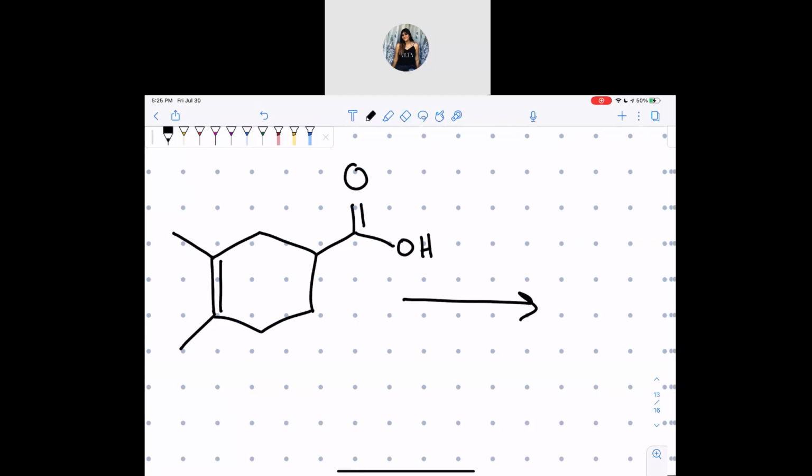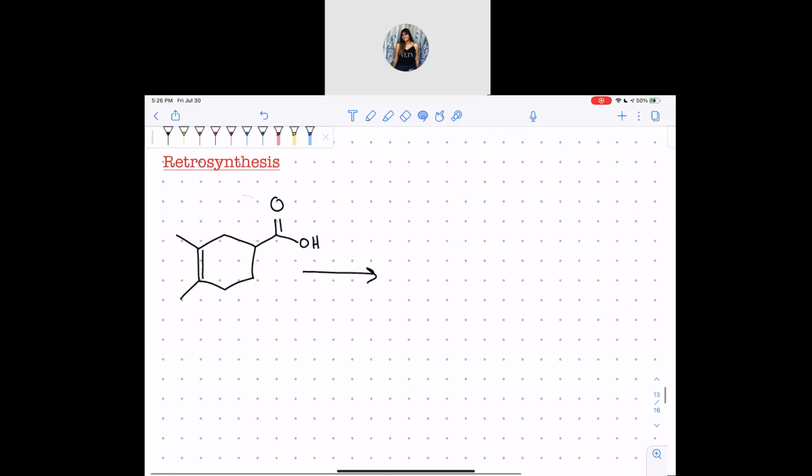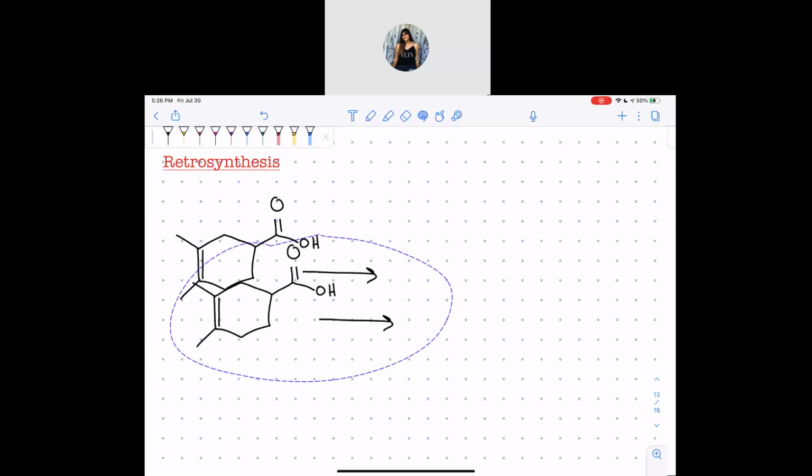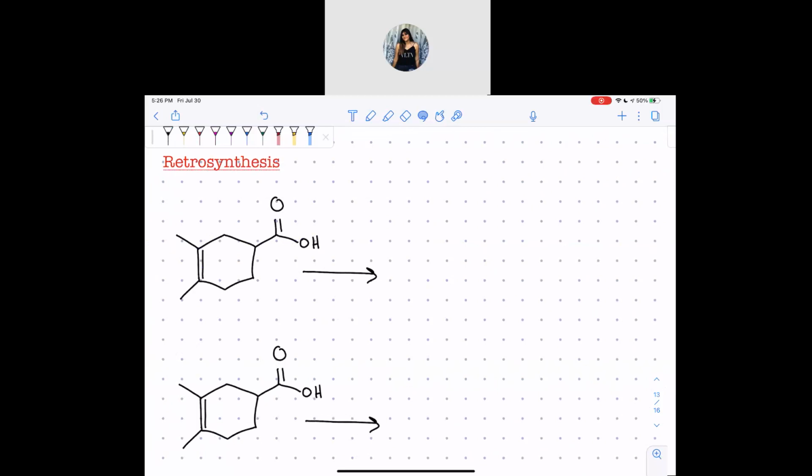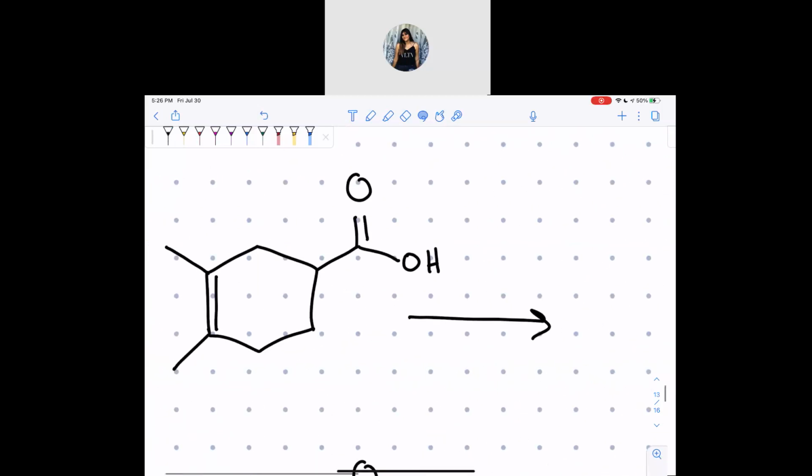So I have a couple different ways of doing this. So I'm going to actually duplicate this, because I don't want to draw on the same thing 100 times. So, the first thing I always do is I look at these substituents, right? And I see an electron withdrawing group.